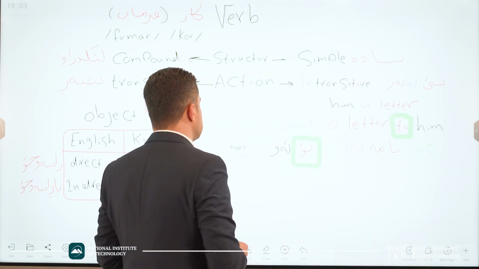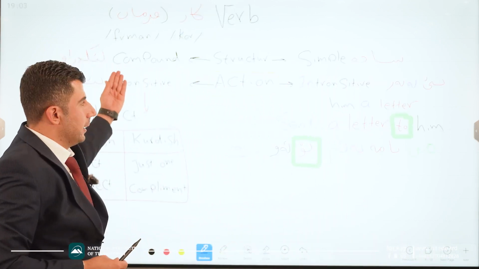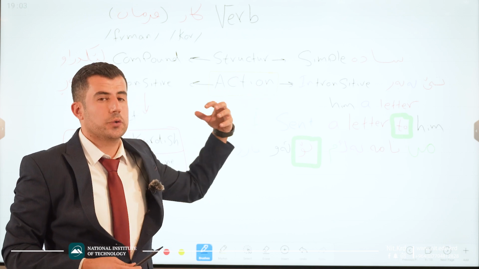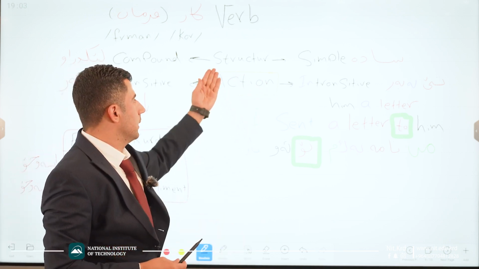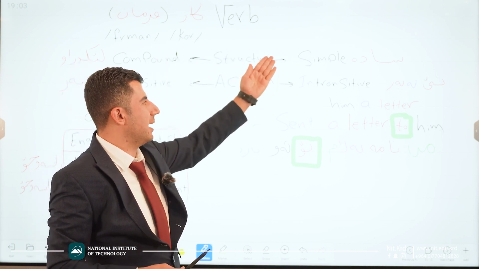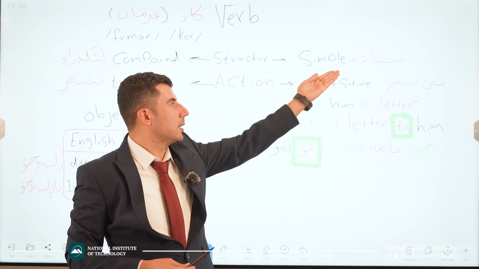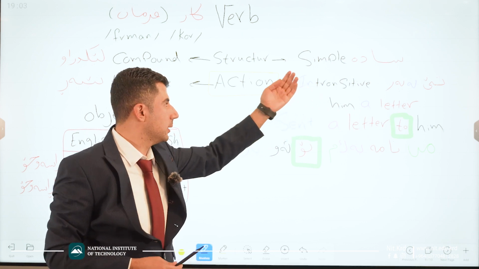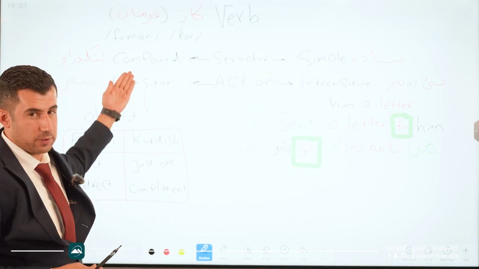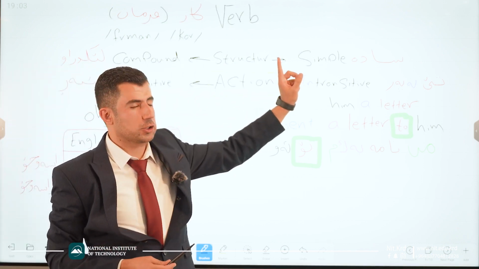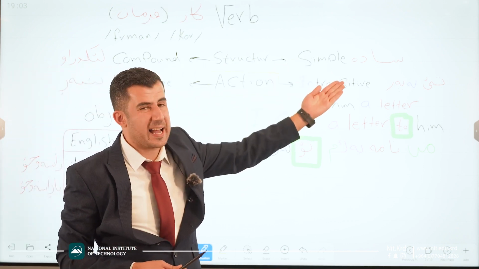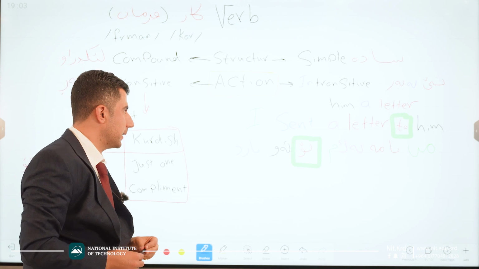After that, let me tell you the structure of verb in Kurdish language. Like the others, we have simple, which is sada, and compound verbs, which is lekdraw. I wrote the phonetic transcription many times for sada and lekdraw. Good.